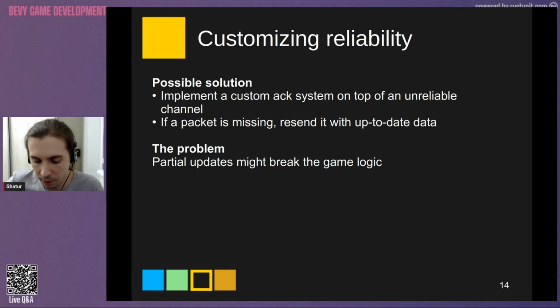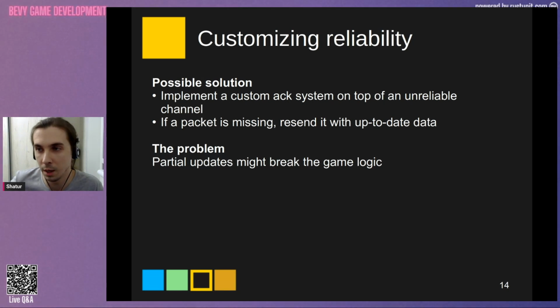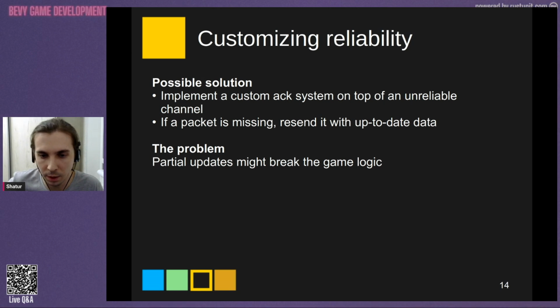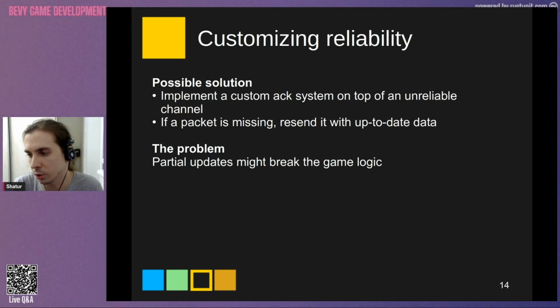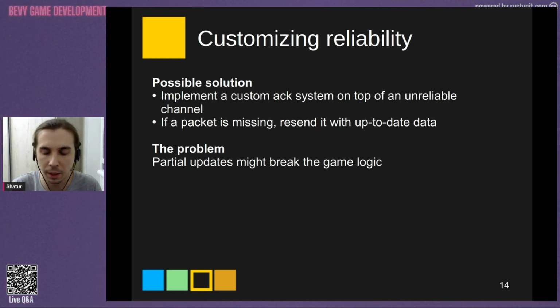For example, you might have a component that stores some entity, and after an update, this entity may point to a new entity. But the client might not receive this entity yet. And that's the issue, because when you receive such an update, your game may just crash because you have a non-existing entity or entity without the components that you didn't receive yet.